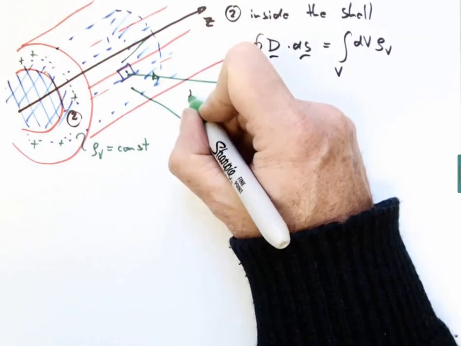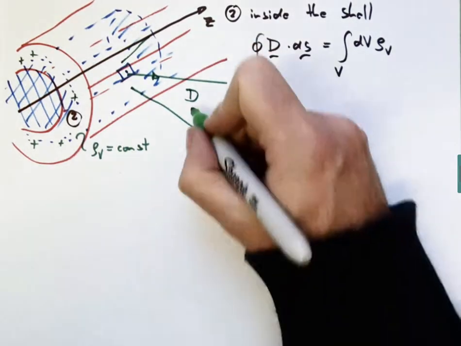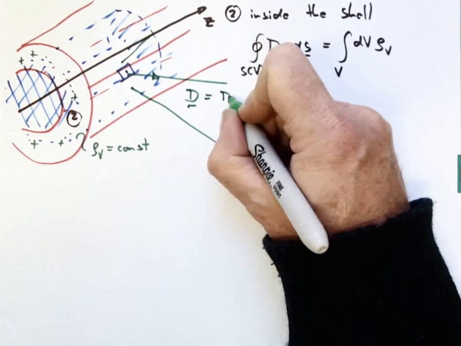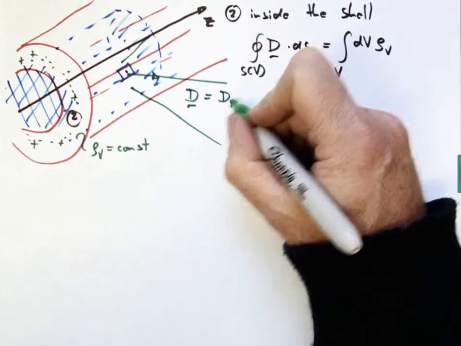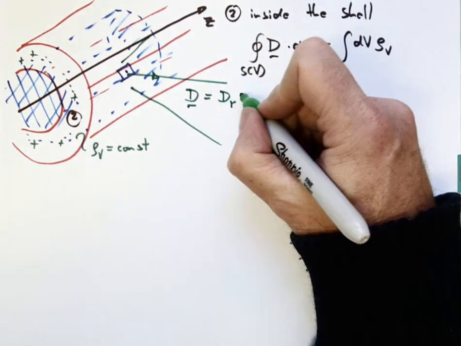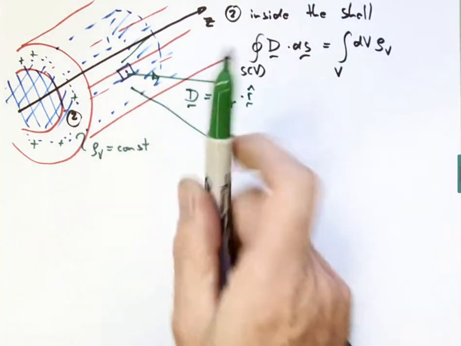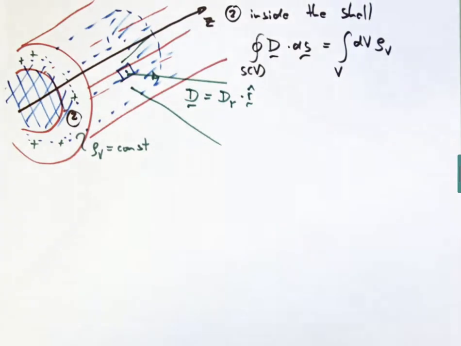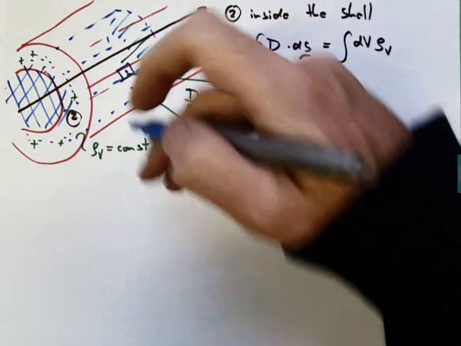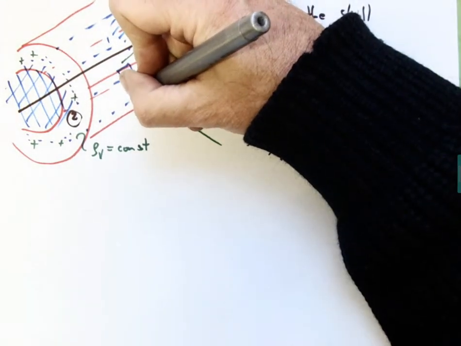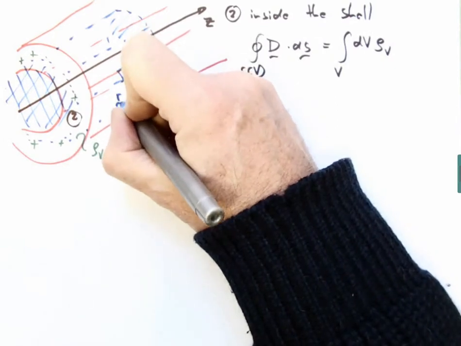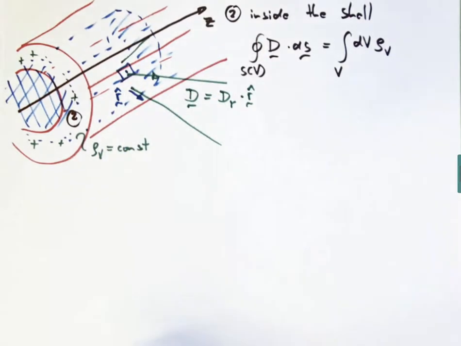And the D vector will only have a radial component, and therefore the vector can be written as that radial component times r unit vector. R unit vector is the little vector that points radially away. So this is the r unit vector.